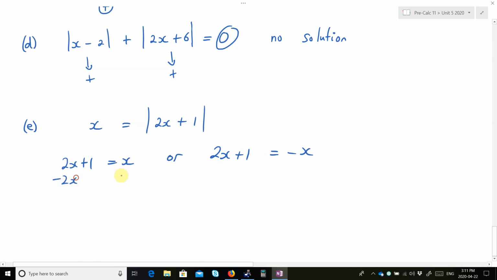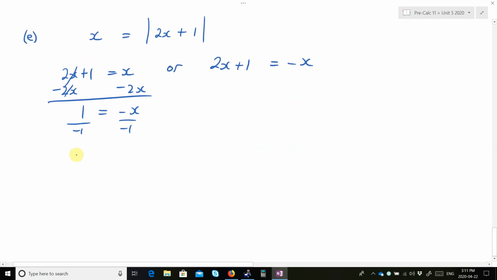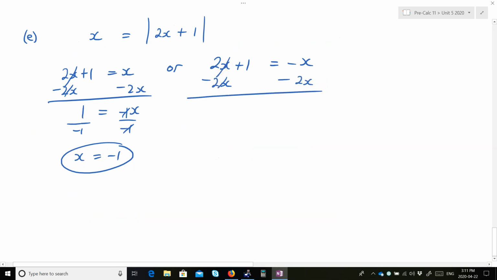And when we try to solve this, we will get 1 equals negative x, divide both sides by negative 1, and we get x equals negative 1. And on this side, we get 1 equals negative 3x, divide both sides by negative 3, and we get x equals negative 1/3.